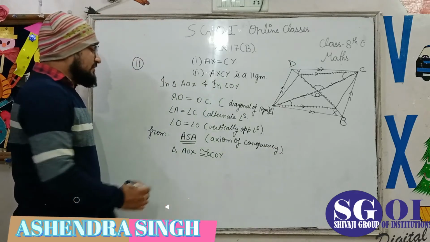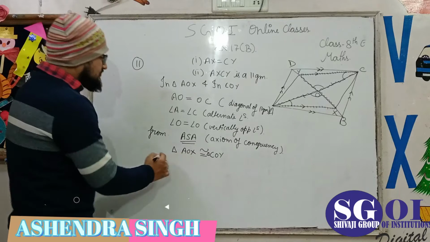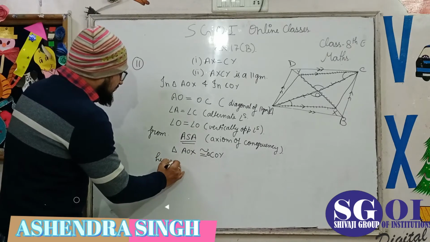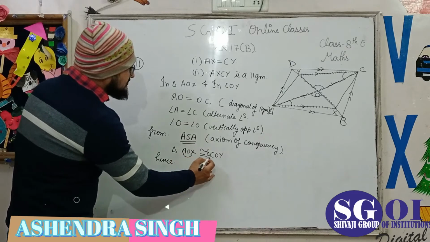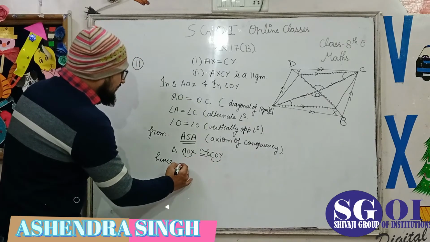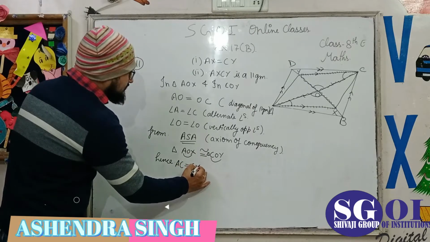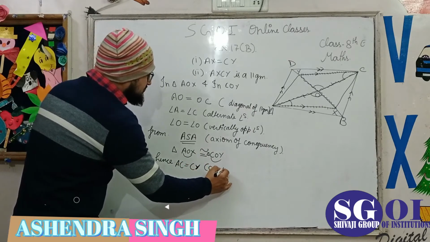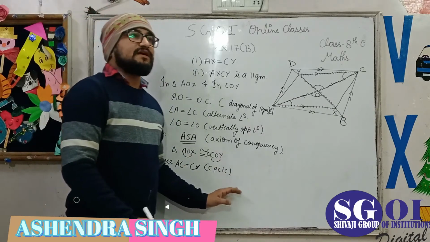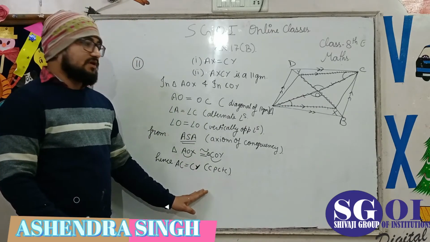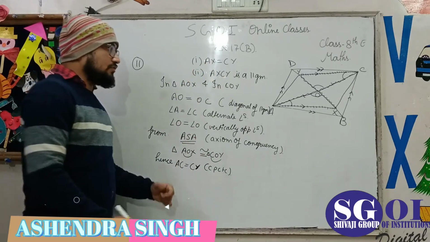And when we have proved that two triangles are congruent, we can say that the corresponding sides, that means AX and CY, will be equal. Hence AX will be equal to CY by CPCTC, that means corresponding parts of congruent triangles are congruent. So the first part, that AX is equal to CY, is now proved.